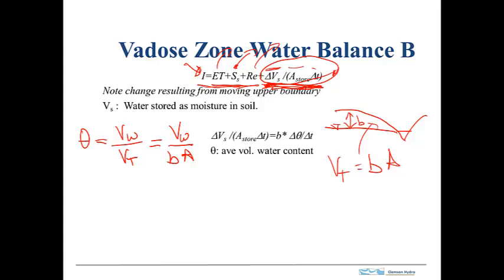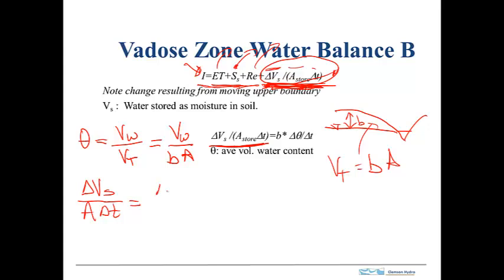So with those concepts to work with, let's take a look at this storage term. That's the storage term that we wrote up there. So the change of volume stored per area per time.